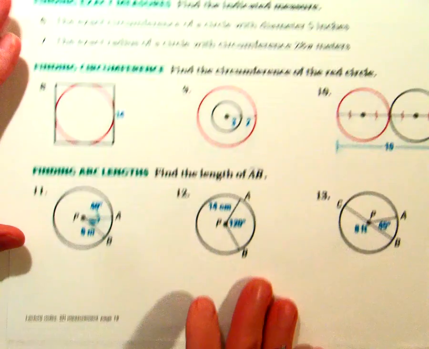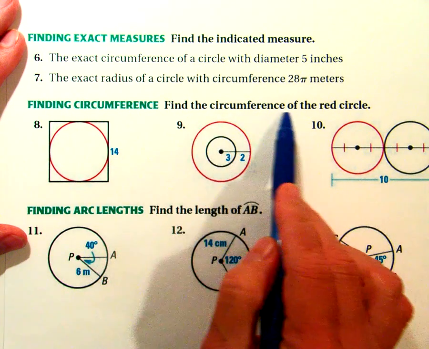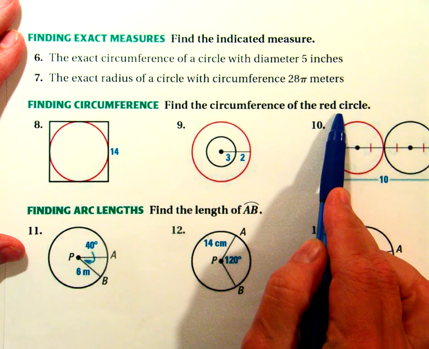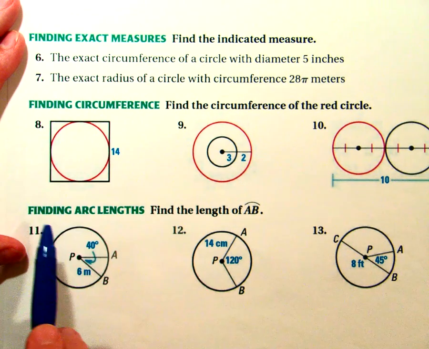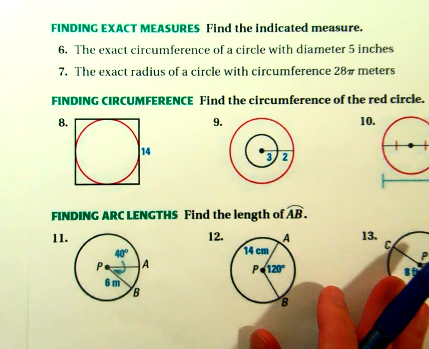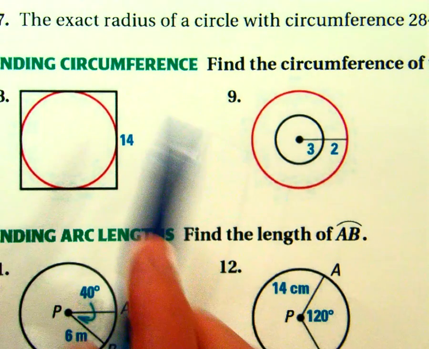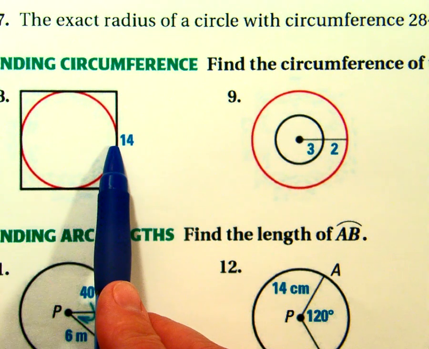Okay, let's look at a couple of these. Find the circumference of the red circle. This is tangent. We're going to assume that this is a square. It looks like a square, but we know that's not the best thing. So it's tangent, so we're going to take the radius as 7.